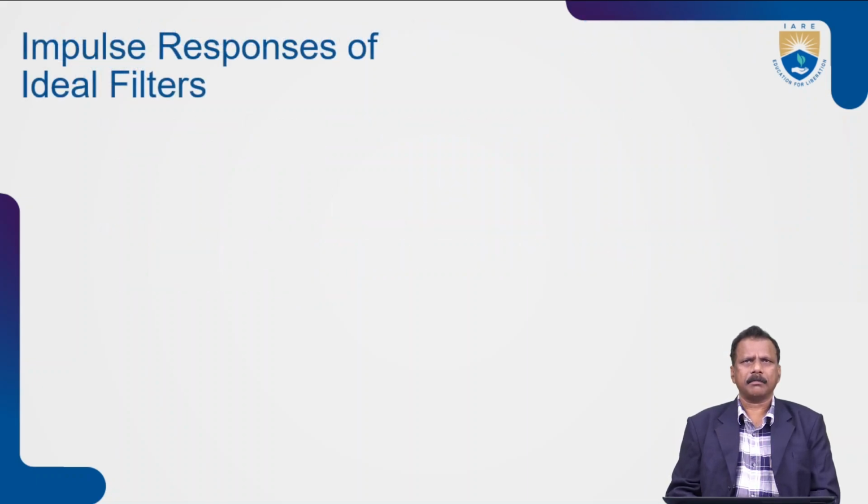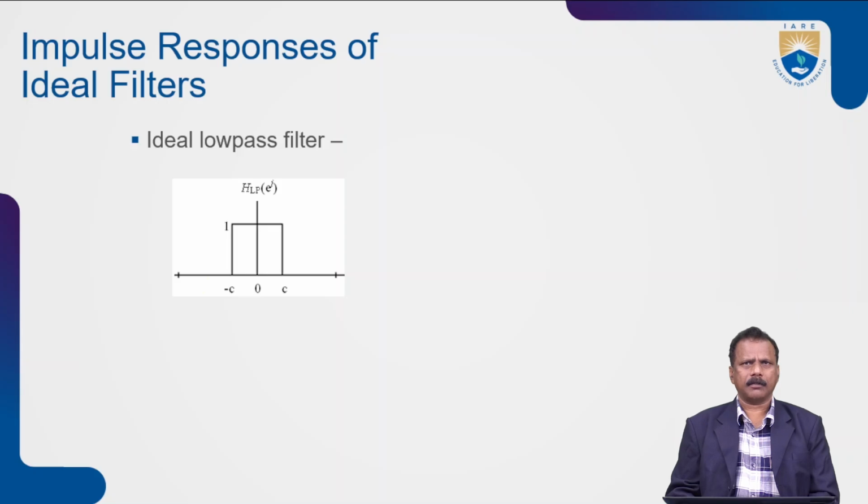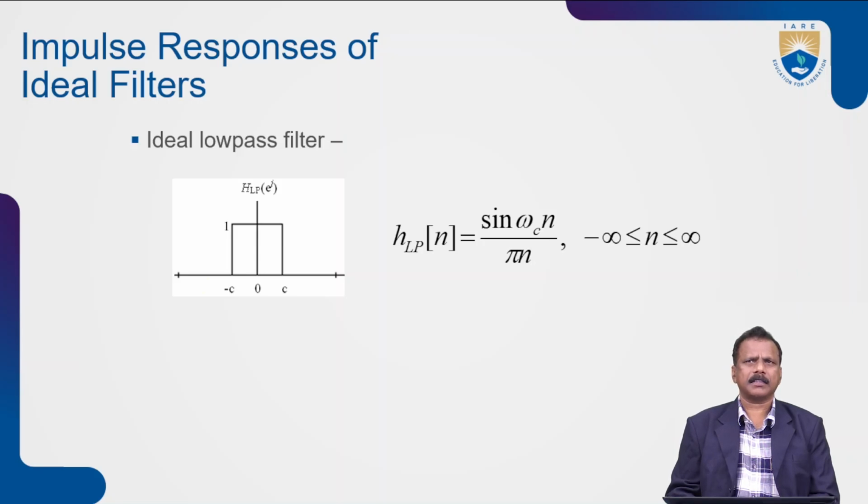Now coming to the impulse response of the ideal filter. For the ideal low pass filter, we know the expected response in mathematical notation: h_LP(n) is equal to sine(omega_c n) by pi n, for minus infinity less than or equal to n less than or equal to infinity. Now the ideal high pass filter, it allows only high frequency components.